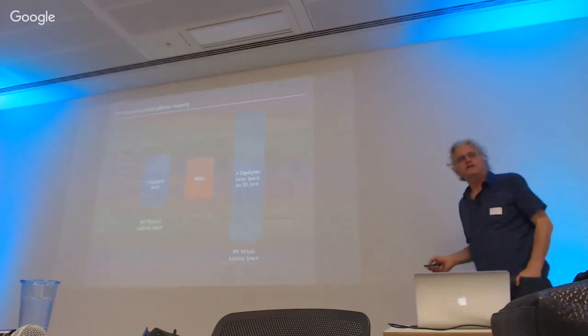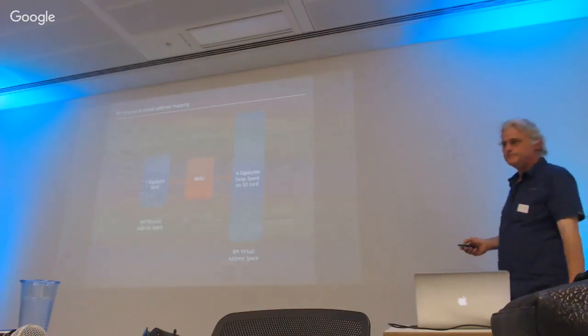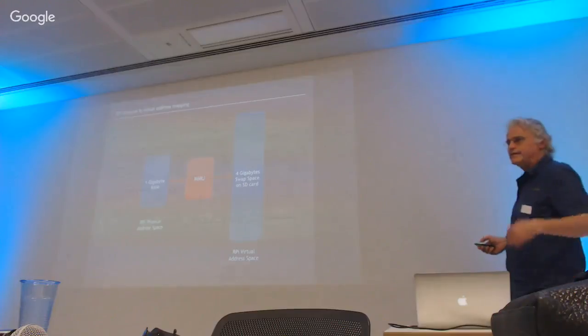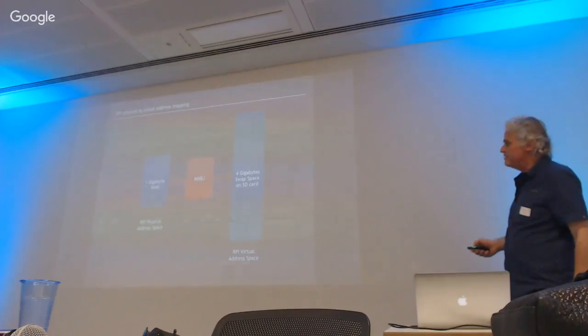So it'll use your SD card as swap space. So any application that is running can be storing data on your SD card, and as that data is needed, it gets swapped into RAM by the memory management unit, or paged in.